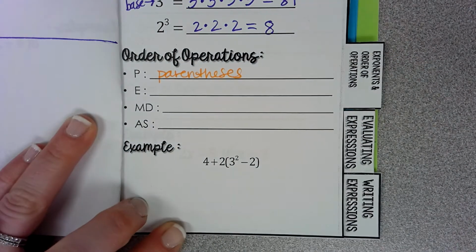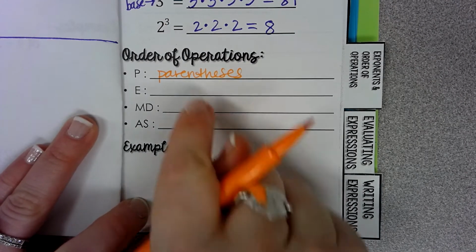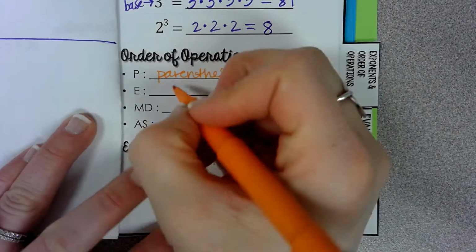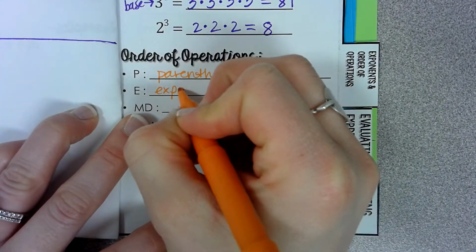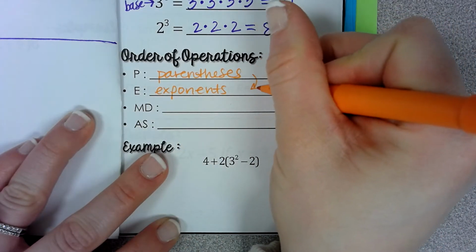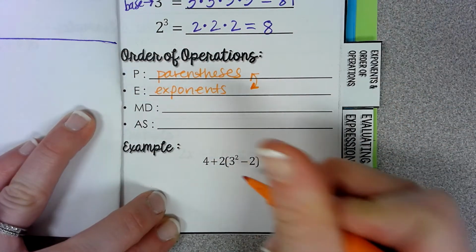But sometimes, like in this problem down here, we actually need to do step 2 before we can finish step 1, which means exponents. So parentheses and exponents, sometimes those can be mixed around, just like in this problem here.